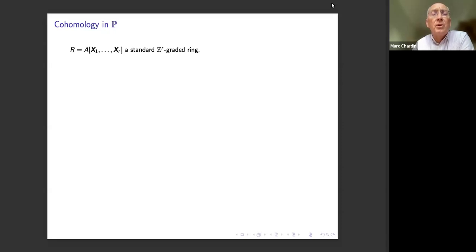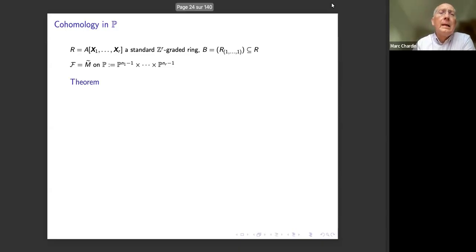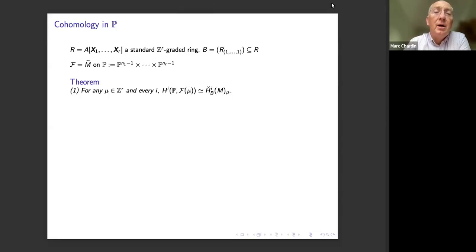So we have a standard graded, multigraded ring, and we have this ideal B, which is generated by elements of multidegree (1,1,...,1). Now suppose you have a sheaf on the projective space, a quasi-coherent sheaf induced by a graded module. Then the result is that for any degree mu in Z^r and every i, the i-th sheaf cohomology of the sheaf F twisted by mu on P is just the Čech cohomology with respect to B, this ideal generated by things of multidegree 1 in R. Okay, so this happens in any degree.